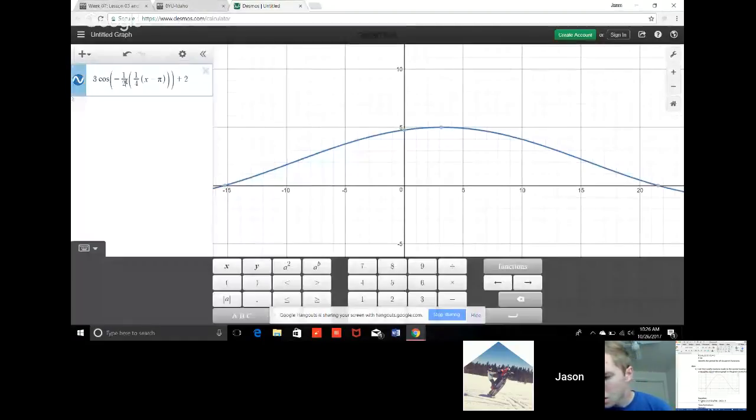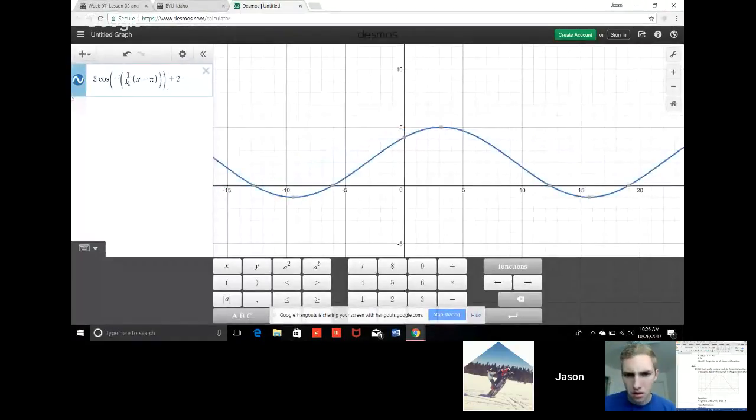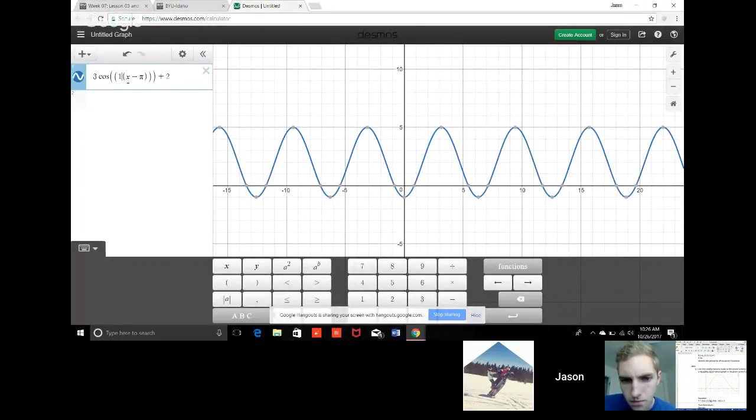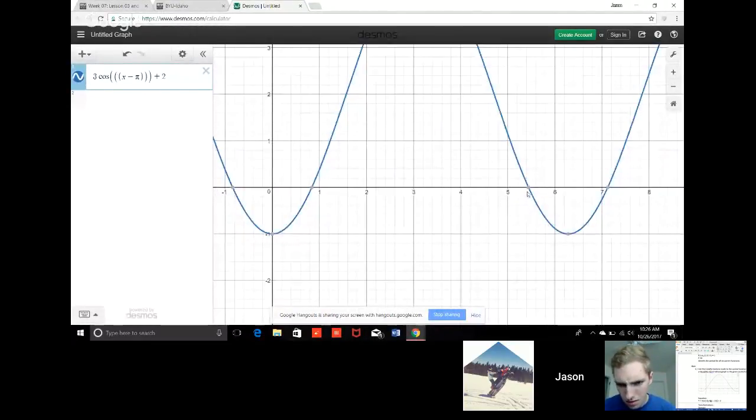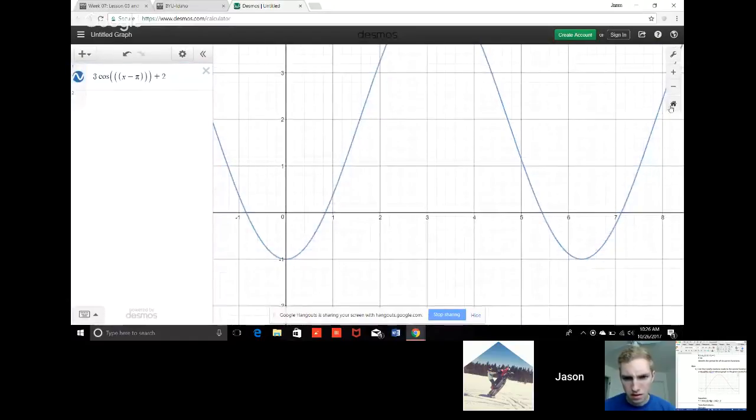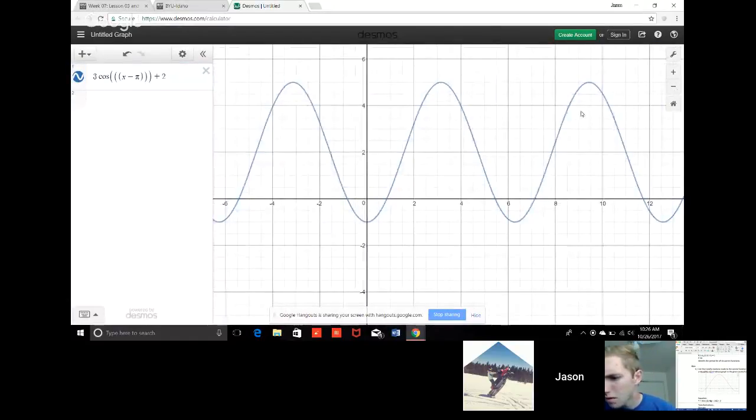Maybe we take this out. So let's shrink it a little bit, and then if we take this out, we'll see what happens. It's not 3 pi. But at least it's at 5 and -1.